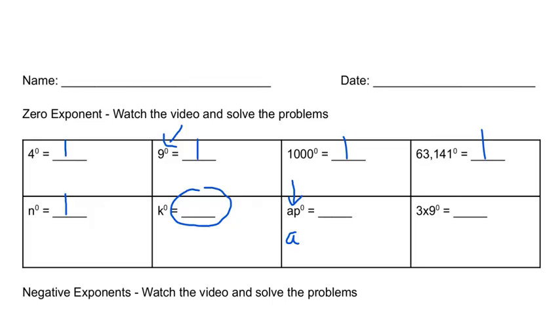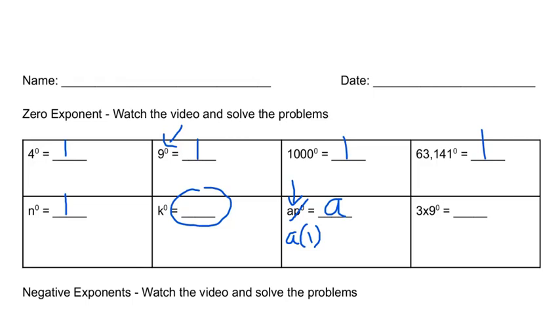But if you look at the p here, the p has a 0 exponent. So that's going to be 1. So it's going to be a times 1, and that equals a. And sometimes, if you see something like this, you can just cross it out because it's the same thing. It's going to be a.